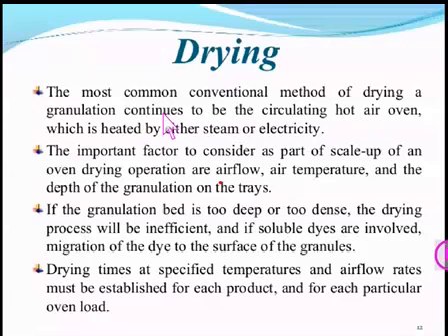For drying, the most common conventional method is to use the circulating hot air oven, which is heated either by steam or electric coils. Here the important factors to consider as part of scale up of an oven drying operation are airflow, air temperature, and the depth of granulation on the trays.